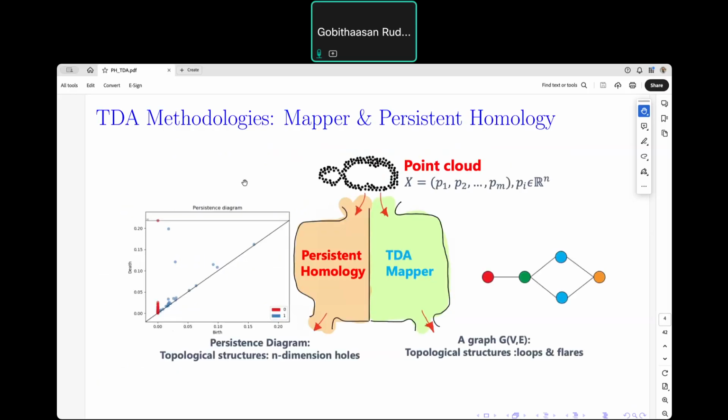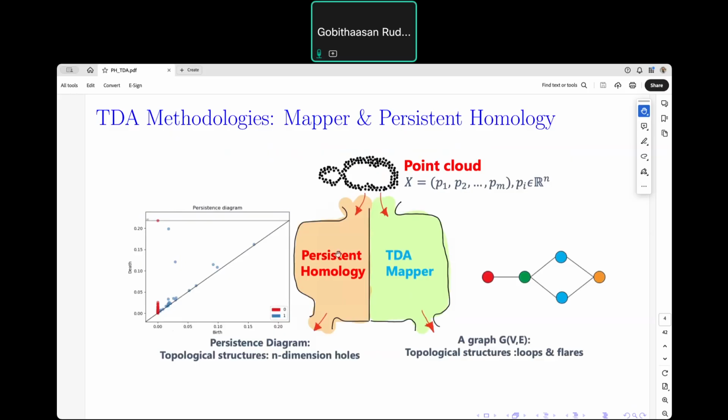The first part of the analysis was the mapper algorithm. We input a point cloud and get a graph, a one-dimensional skeleton. The graph is a collection of vertices and edges.